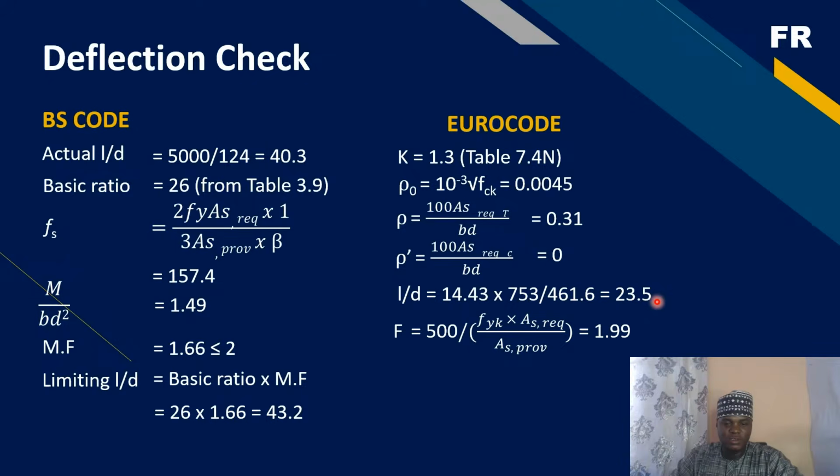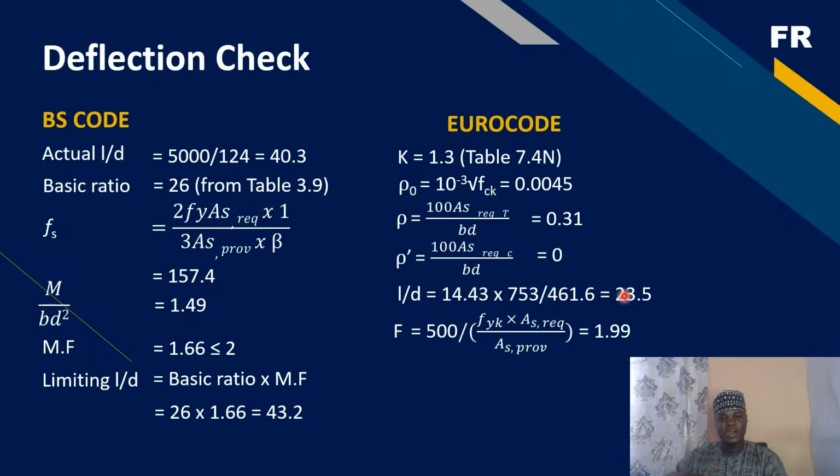Then another factor which you need to use to multiply this basic ratio is what we call the reinforcement factor. Because the formula that you use to calculate the limiting ratio is based on fy of 500.